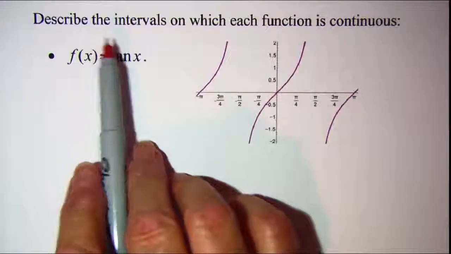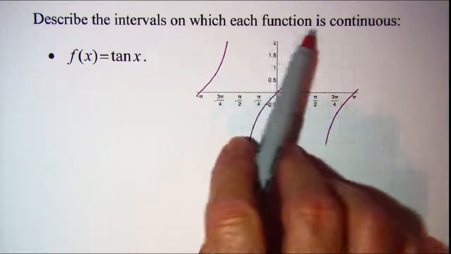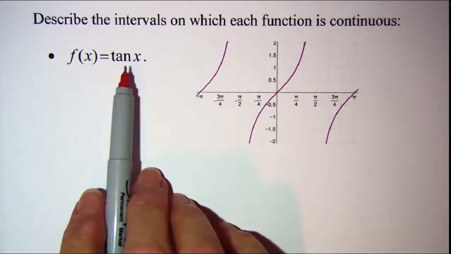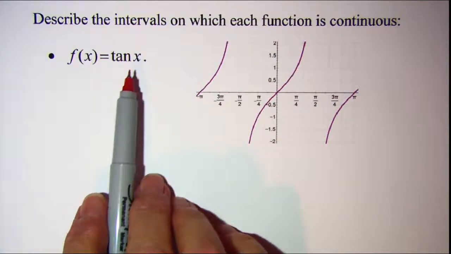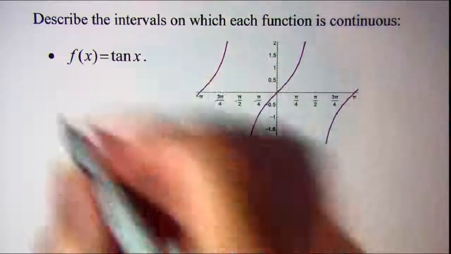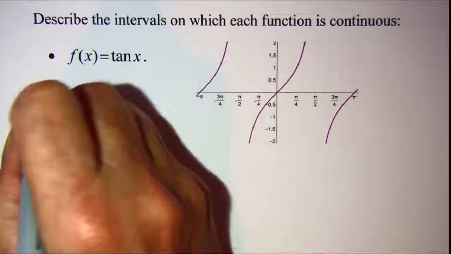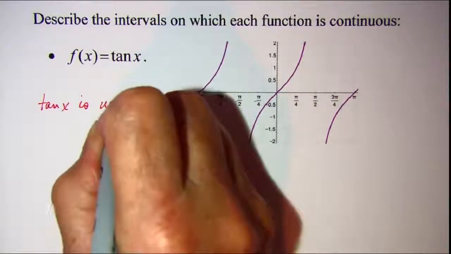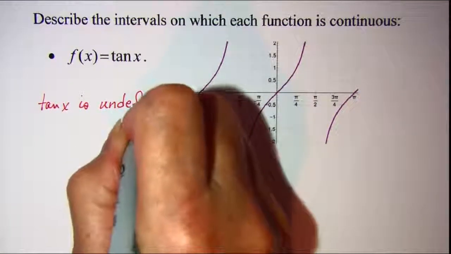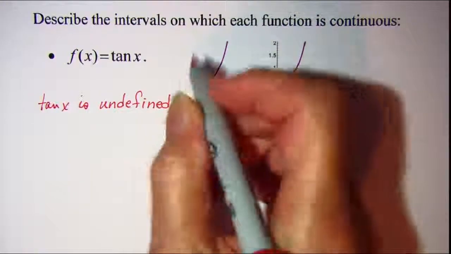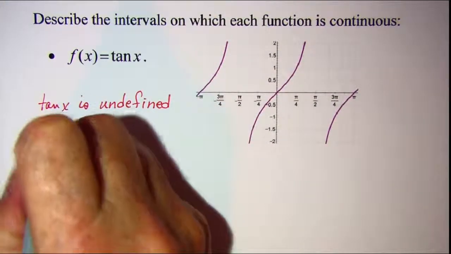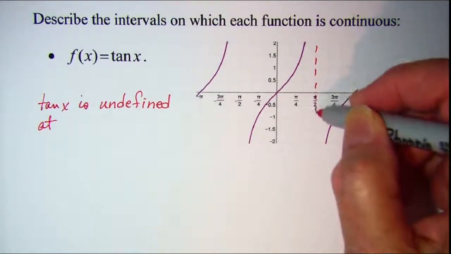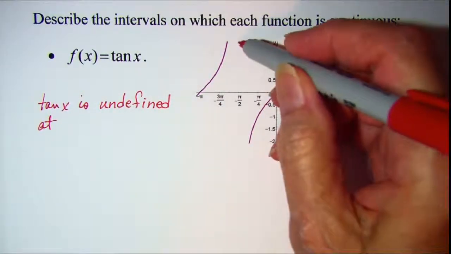In this problem, we're asked to describe the intervals on which each function is continuous, and our first one is f of x equals tangent x. Now we know that the tangent function is undefined at pi over 2, and negative pi over 2.